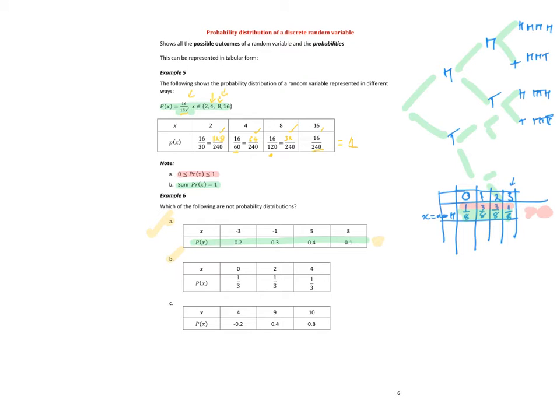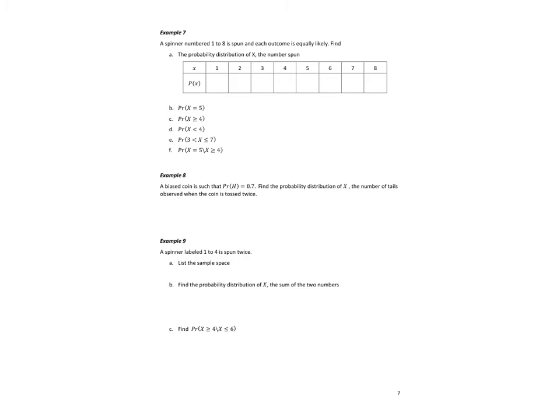Negative 0.2, 0.4, and 0.8 adds up to 1, but you can't have a negative probability, so no good there. All right, so this is just my table of probabilities. In some ways, it means we don't have to try and calculate them all.